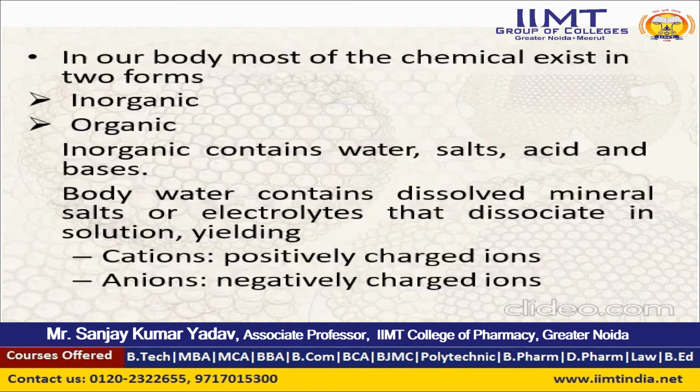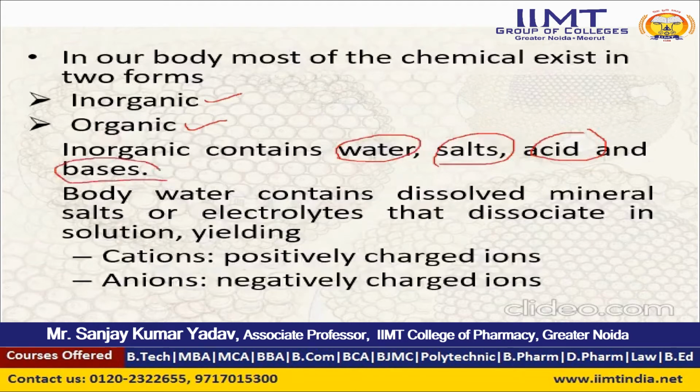In the next slide, you can see that in our body most of the chemicals exist in two forms, inorganic and organic. Inorganic contains water molecules, salts, acids, and bases. These are the few inorganic contents in our body system.